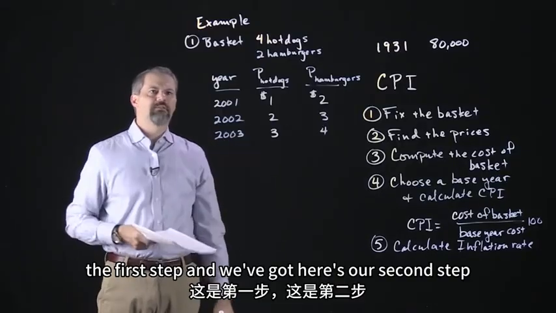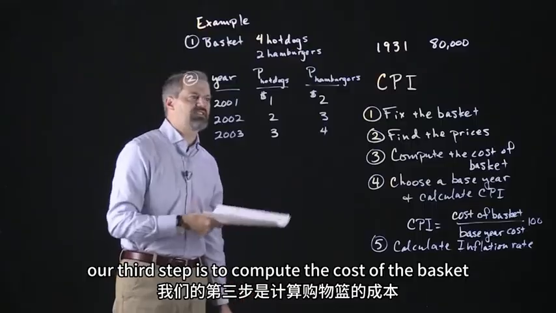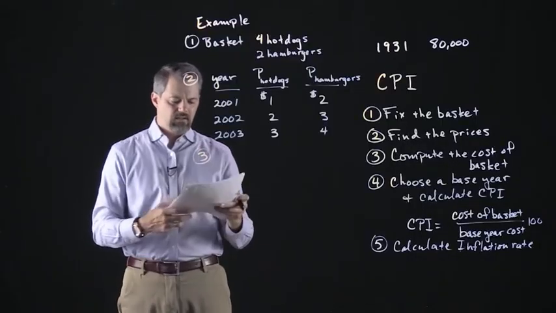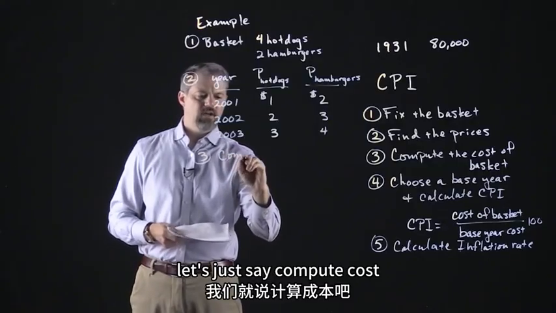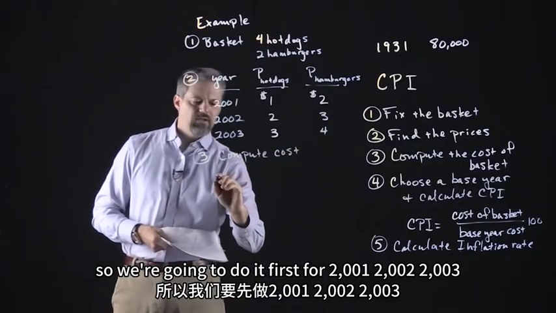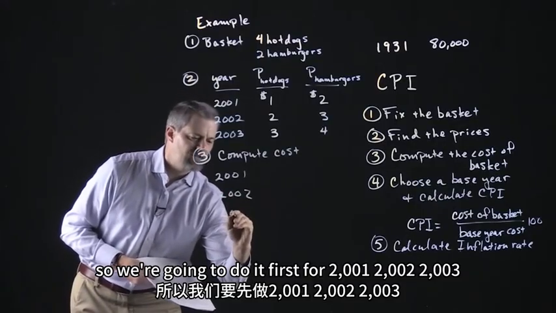So we've got the first step, and here's our second step. We've got our prices. Our third step is to compute the cost of the basket. So let's do that. Let's just say compute cost. So we're going to do it first for 2001, 2002, 2003.